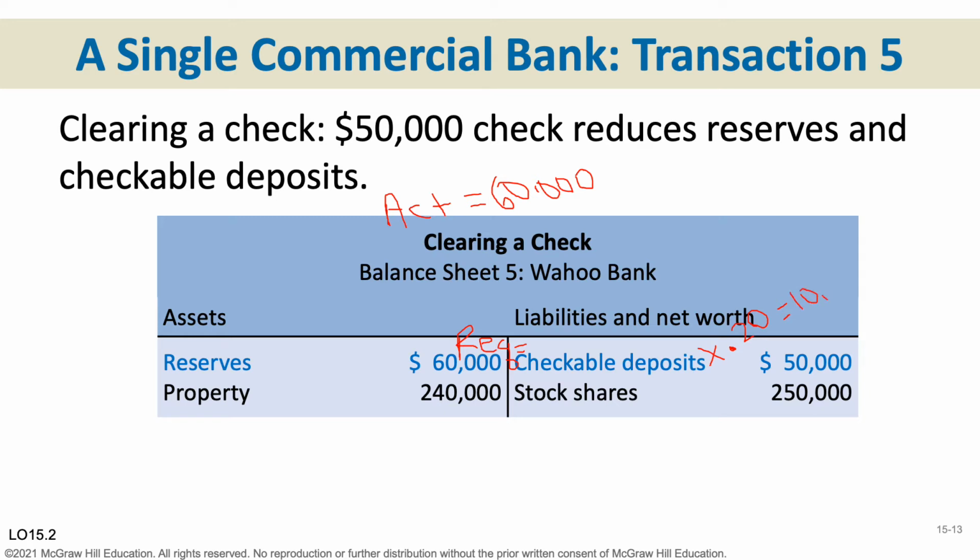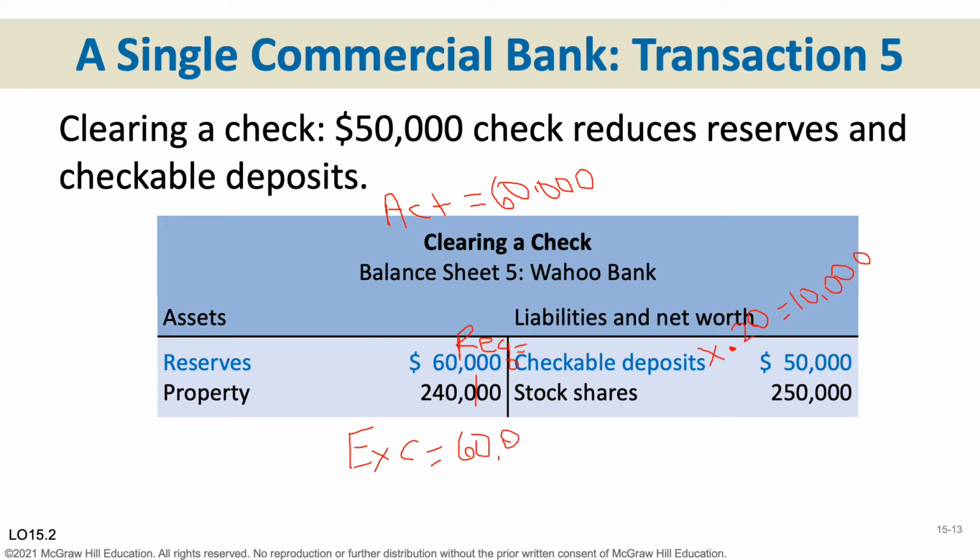Okay. So what's excess right now? We have actual of 60. We have required of, I missed a zero, didn't I? Required of 10,000. So then excess equals our $60,000 actual.